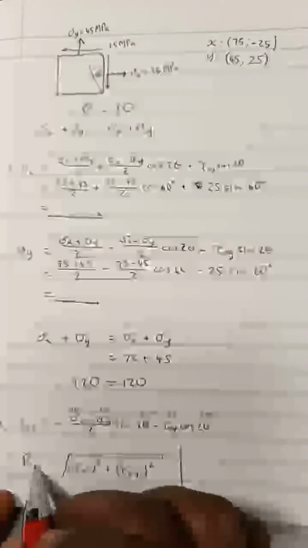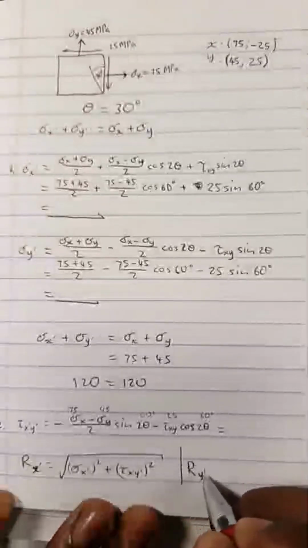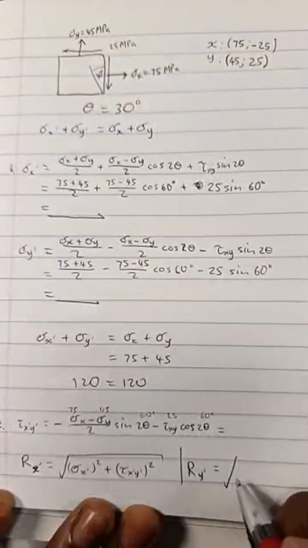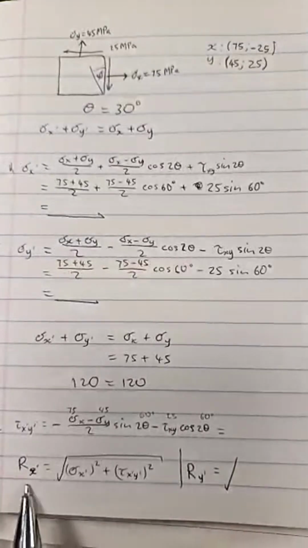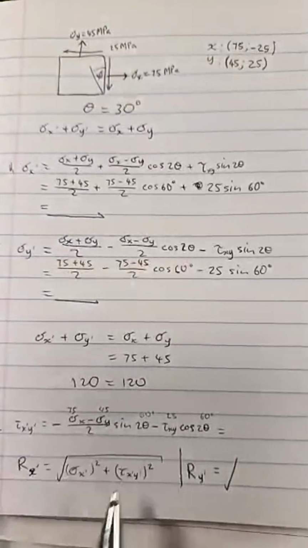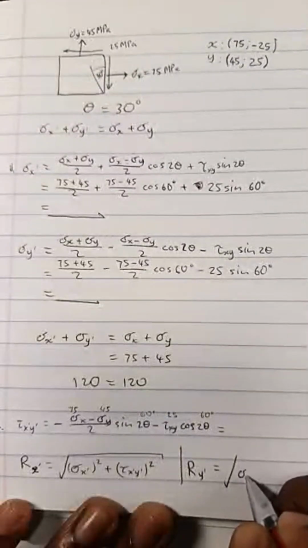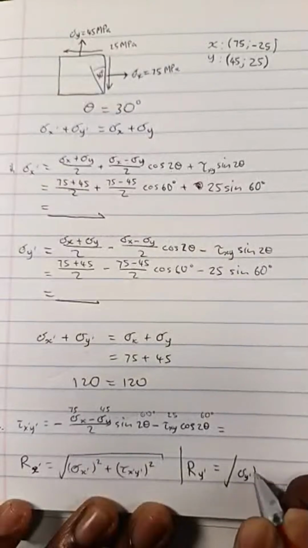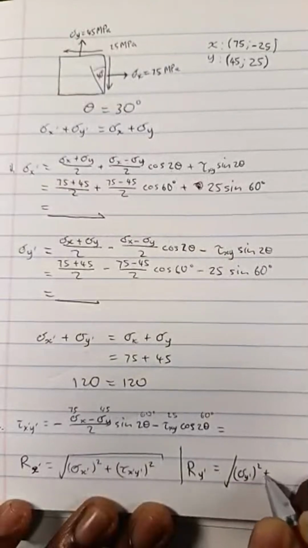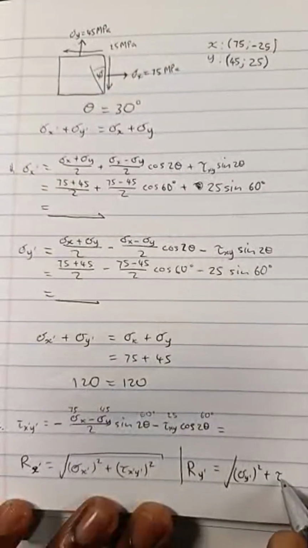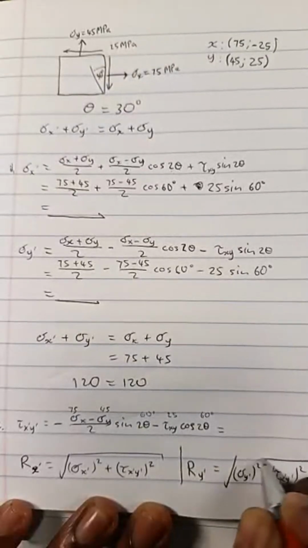Or maybe I can, this is the resultant for x prime, then also have the resultant for y prime, just in case. Most of the time we use this, but let me just do this one as well. So this time it will be stress y prime, you square it, you say plus, then you write the same thing again, x prime y prime, you square it.